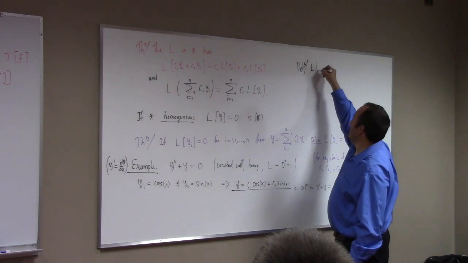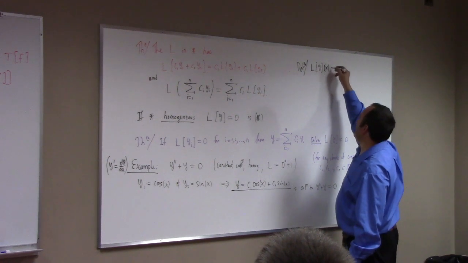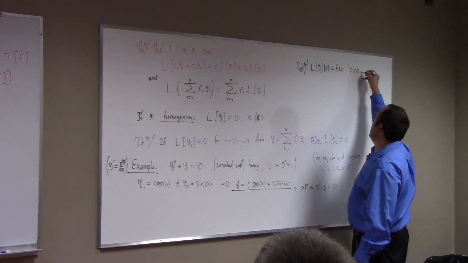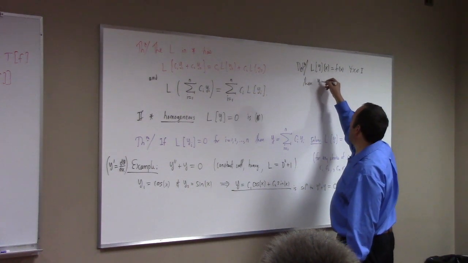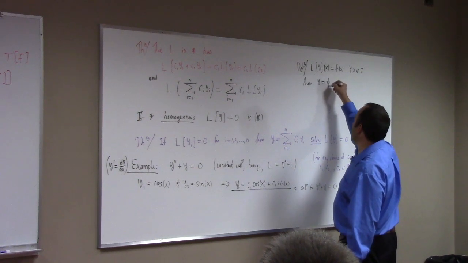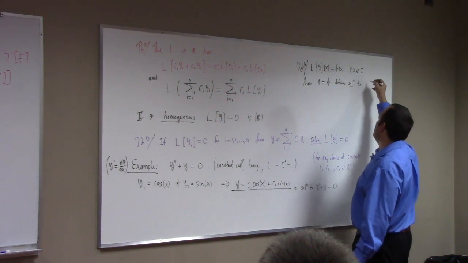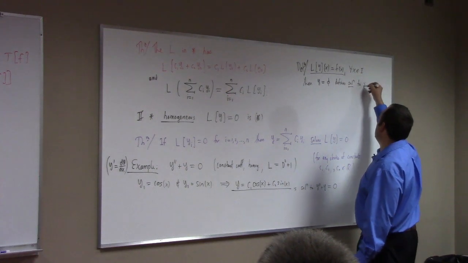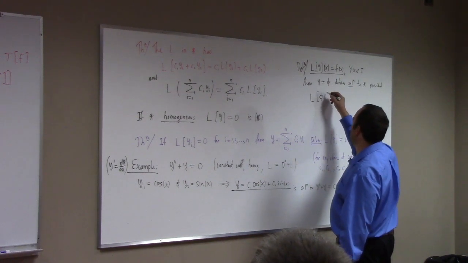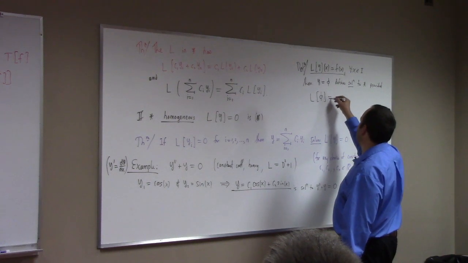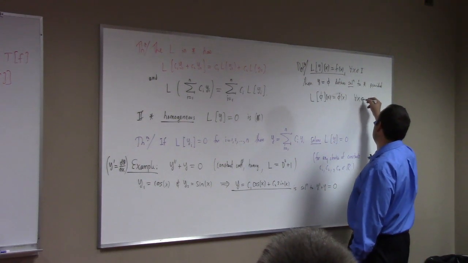If we have L of y equals f, and to be more specific, L of y of x equals f of x for all x in I, which is the domain of definition of this linear differential equation, then y equals phi defines a solution to, let me call this star again, provided that L of phi of x equals f of x for all x in the domain of definition.